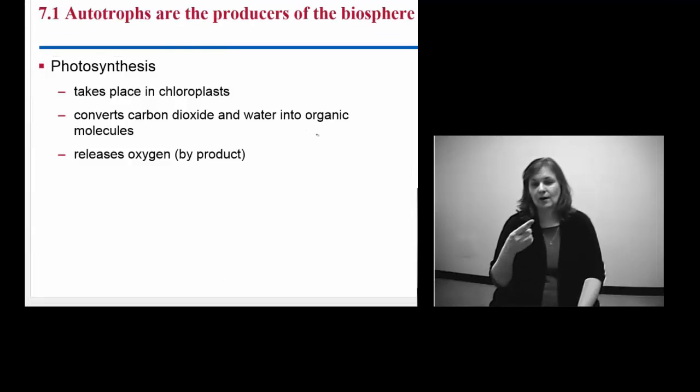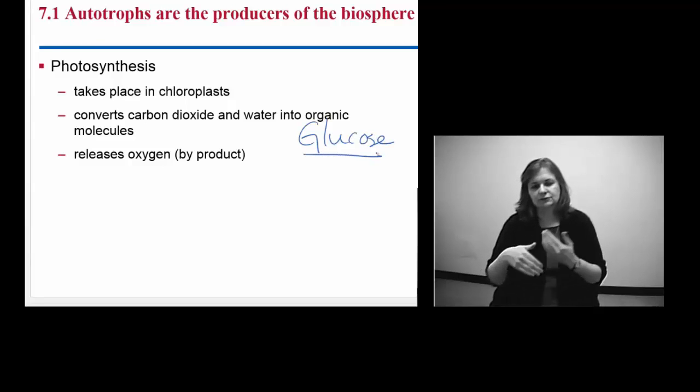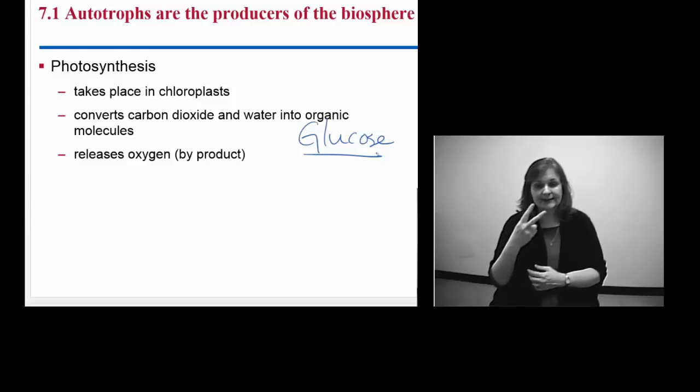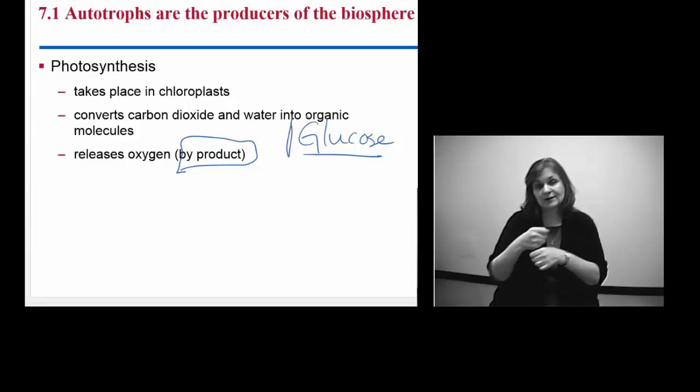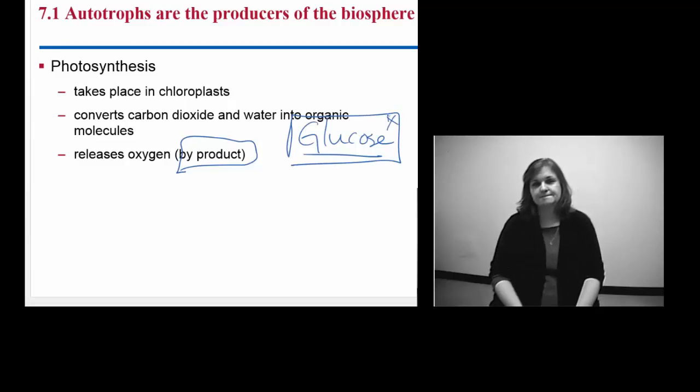When we look at organic molecules, we're going to talk about glucose for our primary purposes. And then they're going to release oxygen. In this case, we say that oxygen is a byproduct. The plant produces oxygen in this process, but that is not the primary goal of photosynthesis. The primary goal of photosynthesis is to produce glucose.